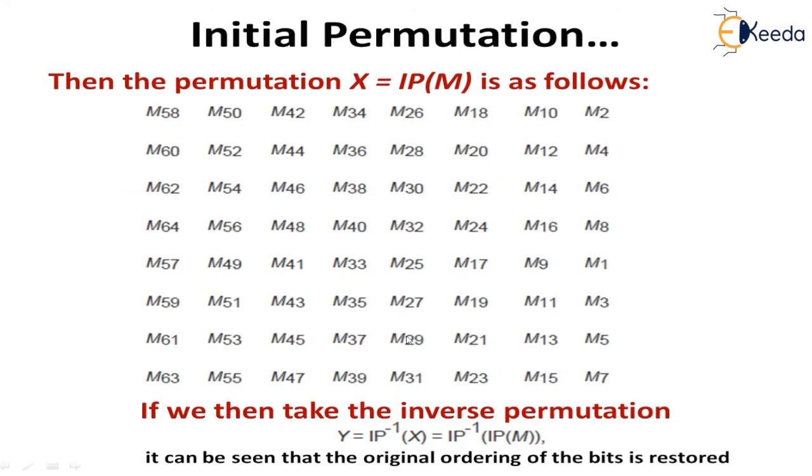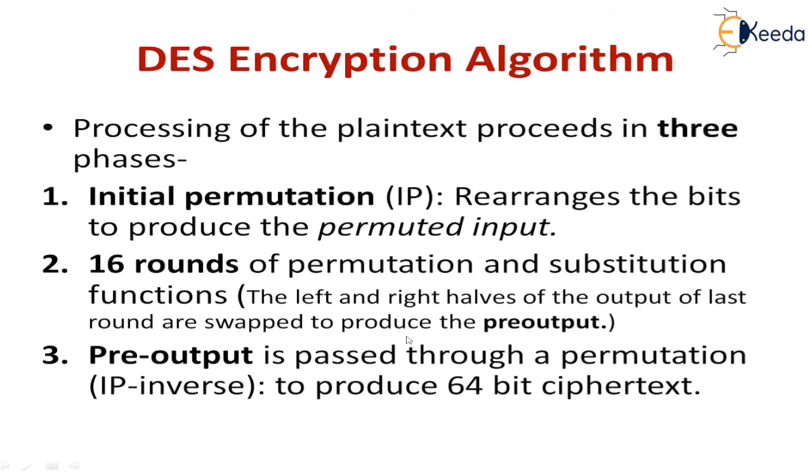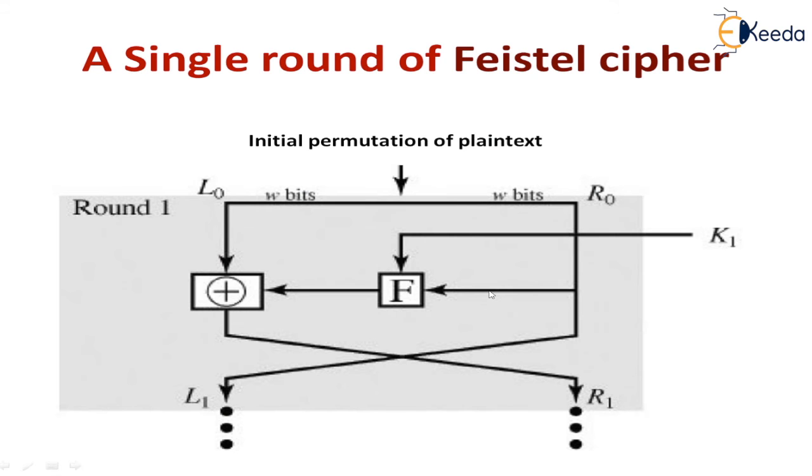As we have discussed, the permutation and substitution functions are carried out, and then it is XORed. Then the output is swapped, producing L1 and R1, which are different from L0 and R0. So this is the first round.